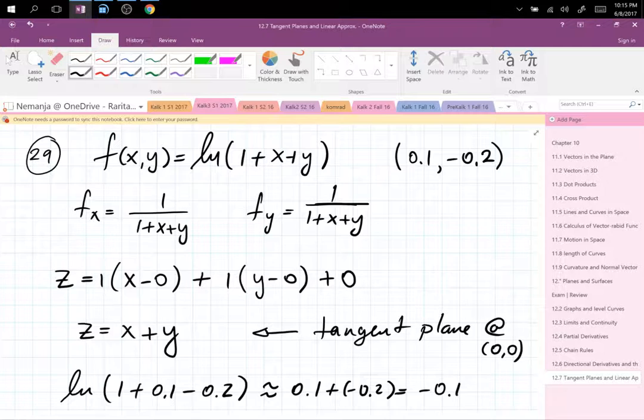Now again, you can verify on your calculator how much is ln of 0.9, because that's what you are trying to compute actually. So ln of 0.9 is negative 0.1053, so we are about 4.5 tenths of a cent away from the good answer.